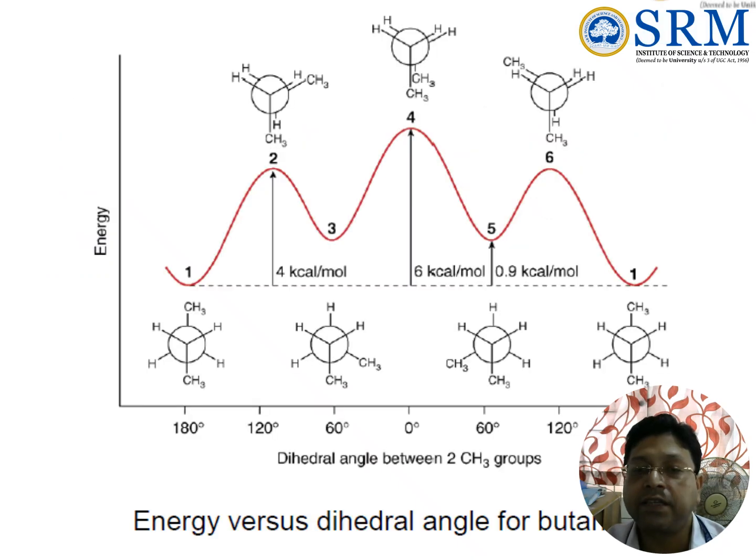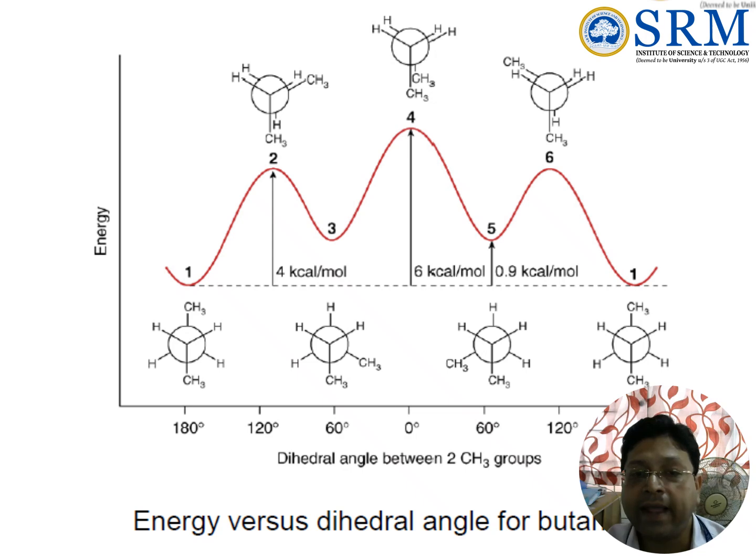Now in this slide, we see the energy versus dihedral angle for butane. Okay, so we can see this diagram. This, we can call it a crest. This is a trough. So the trough position is always occupied by the staggered conformation.